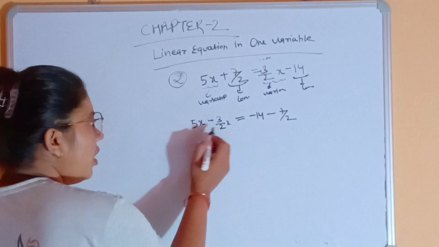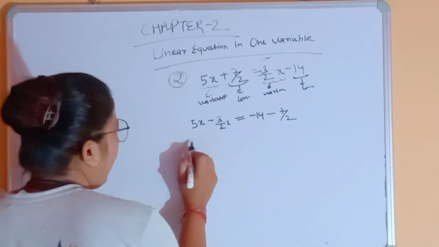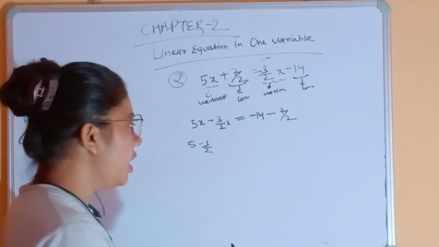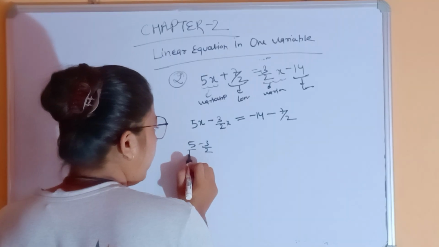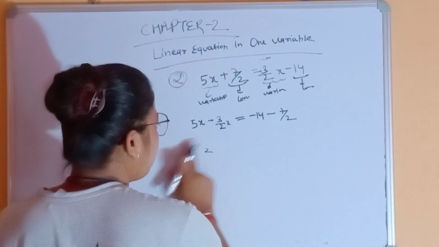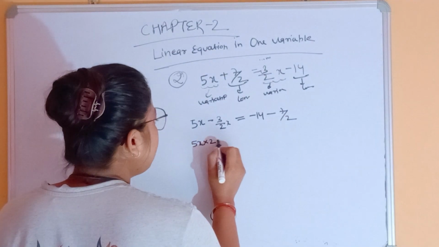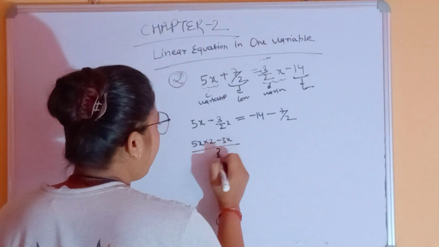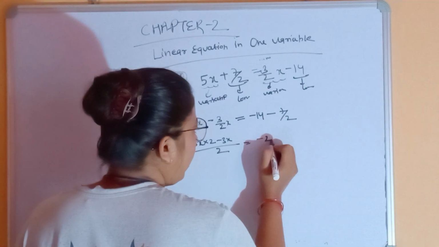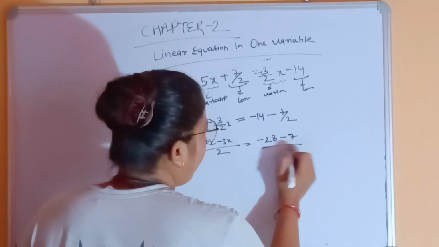So first solve: forget about x, then 5 minus 3 by 2. How is it solved with rational numbers? First we take the denominator the same. So cross multiply, 2 fives are 10. Now solve here: 5x into 2 minus 3x, divided by 2, is equals to, here also, minus 28 minus 7 divided by 2.